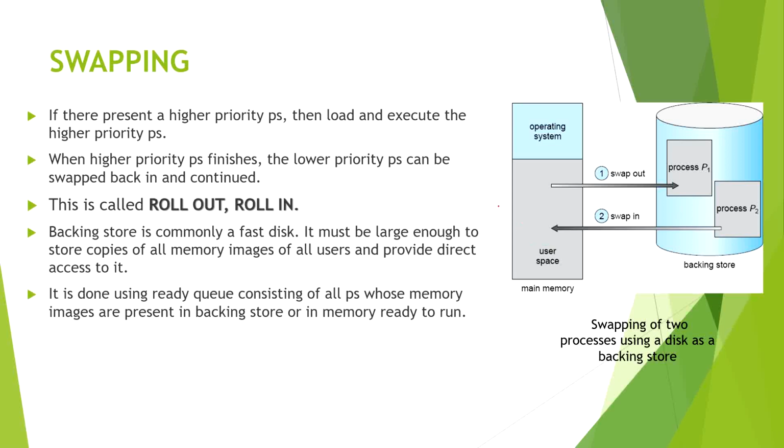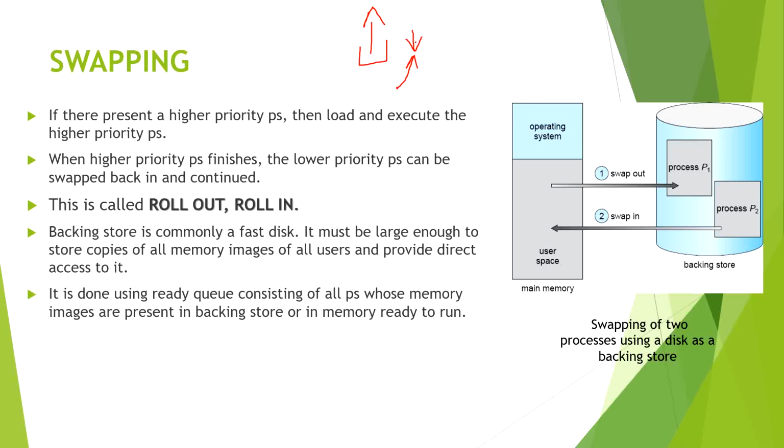Let's say there are two processes, one with higher priority and one with lower priority. Currently the CPU is executing the lower priority process, and it gets the interruption of the higher priority process.